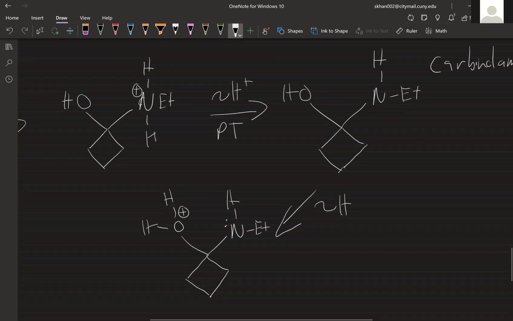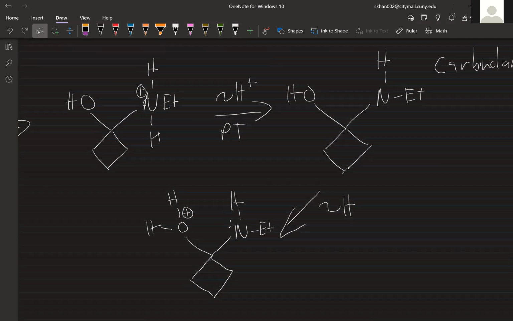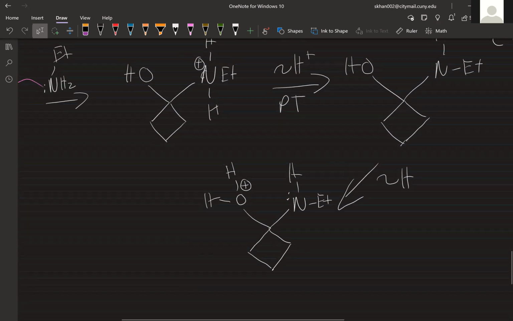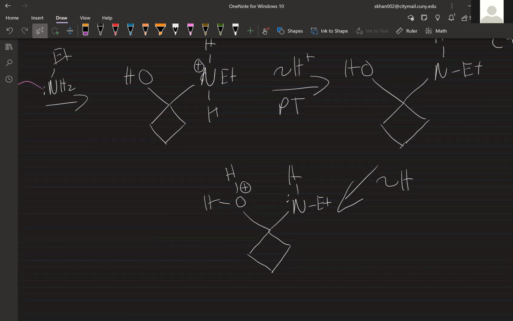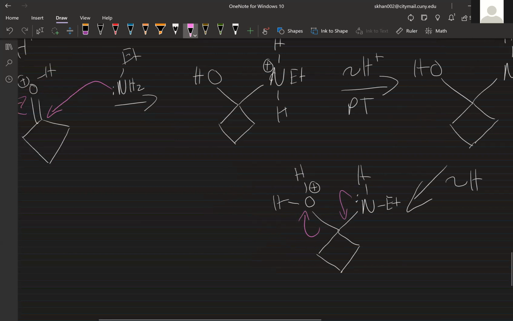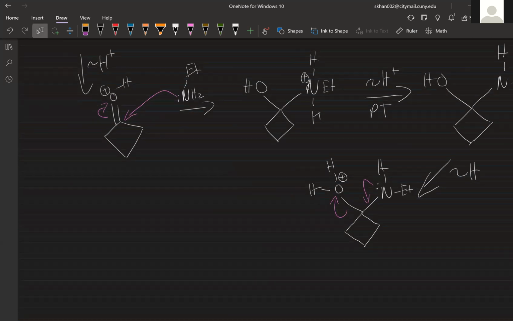Well, actually, it comes after the second step. So now we reform our carbonyl, or I mean, it's not really a carbonyl, but we reform that double bond between carbon and the heteroatom, except this time, instead of oxygen, it's nitrogen. So here and here. So now water gets kicked off.